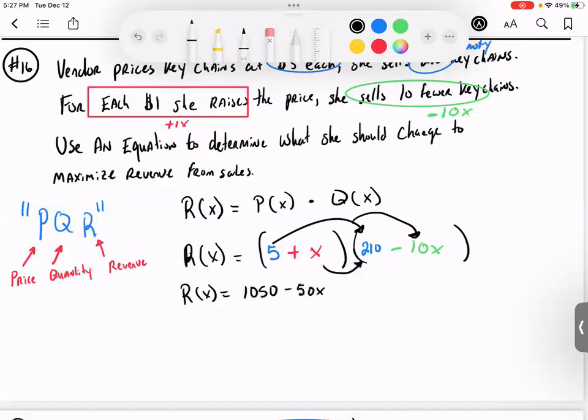X times 210 will be positive 210x. And then lastly, x times negative 10x is negative 10x squared. When I rewrite my revenue function by combining like terms and writing it where the power is in descending order, you should get that the revenue function would read as negative 10x squared plus 160x plus 1050.